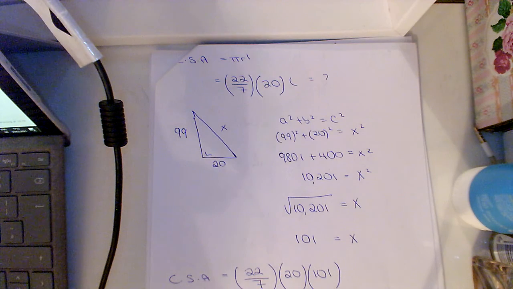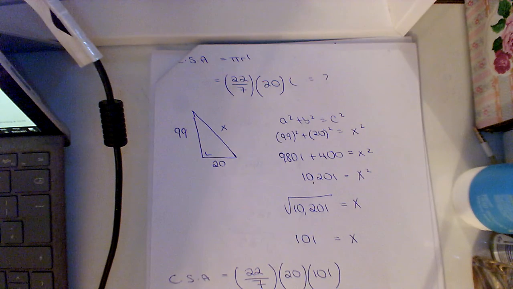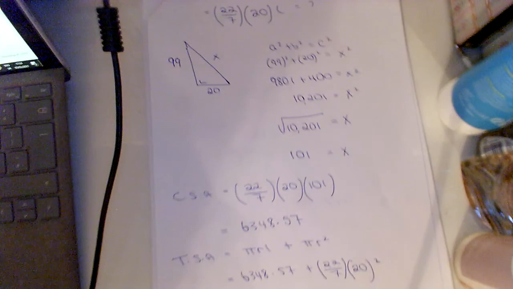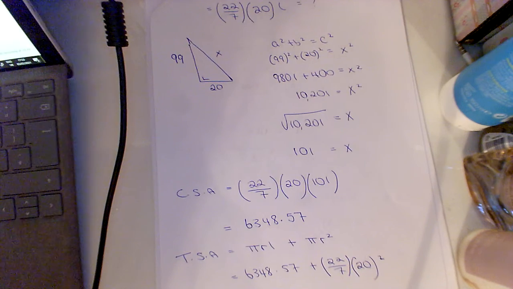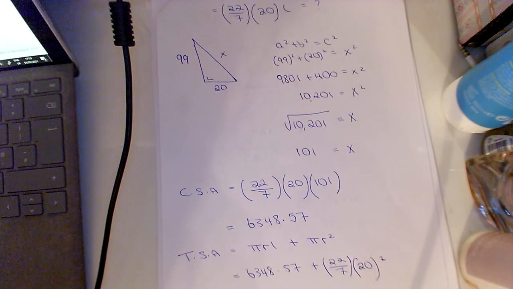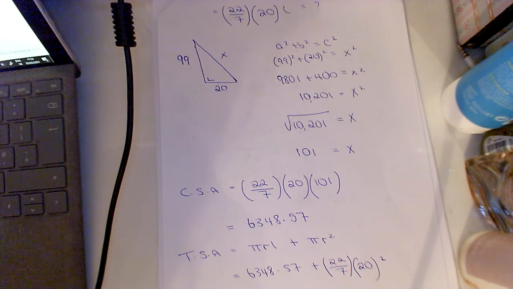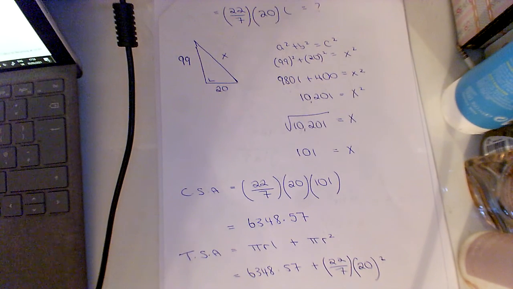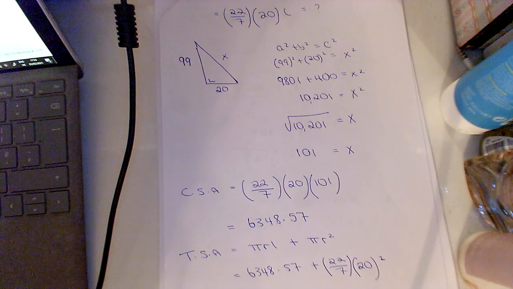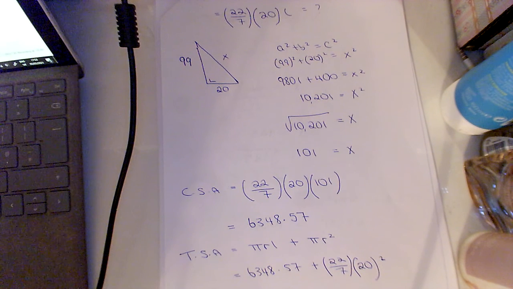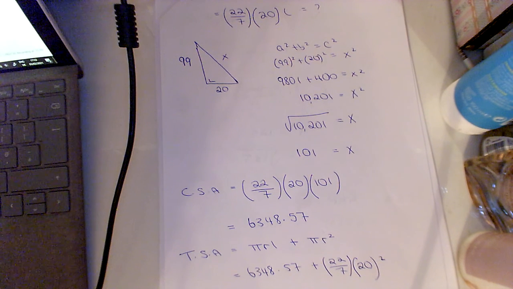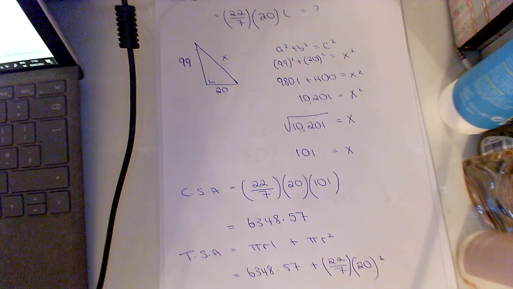The formula is pi r L. So I have 22/7 (20)(101), and I get 6,348.57. My total surface area then is pi r L plus pi r squared, and I get 6,348.57 plus 22/7 (20 squared), and then my final answer is 7,605.71.